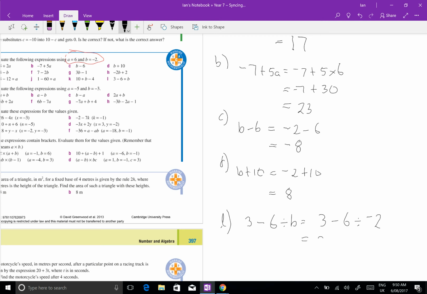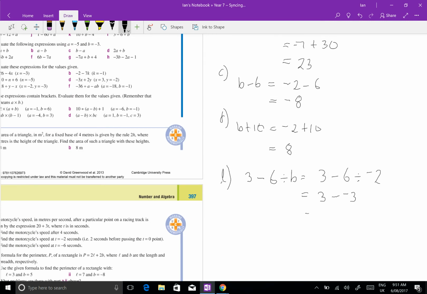I'll do the division first. Have to be careful here. I'm going to leave that minus there, and 6 divided by negative 2 is negative 3. And we remember from our directed numbers, negative, negative, we'll make that a plus 3, which gives me 6.